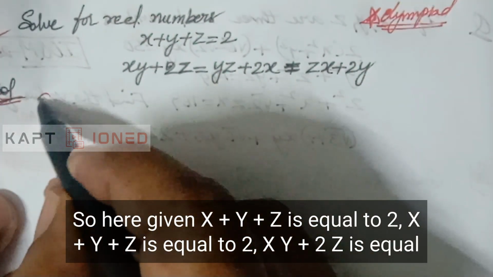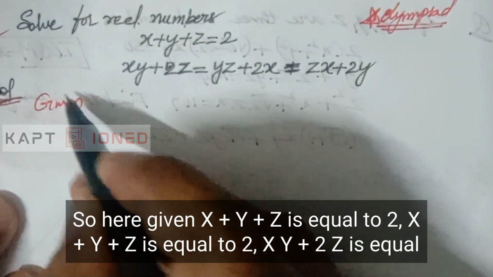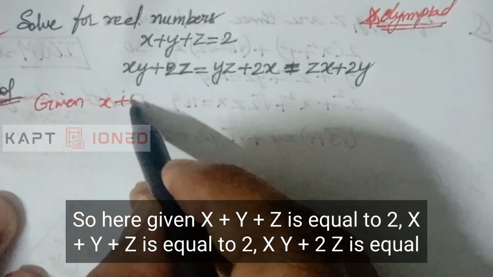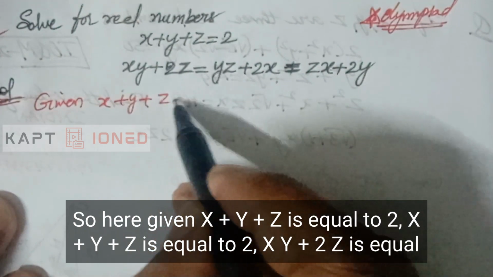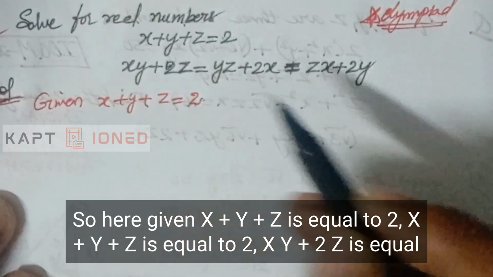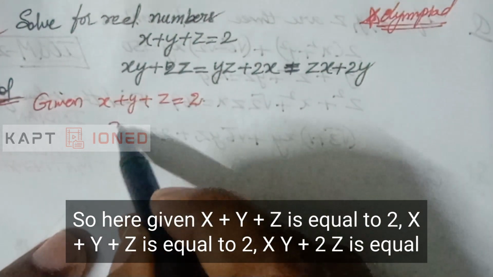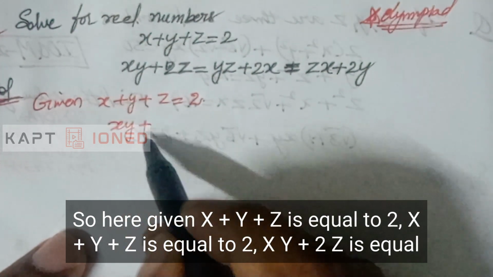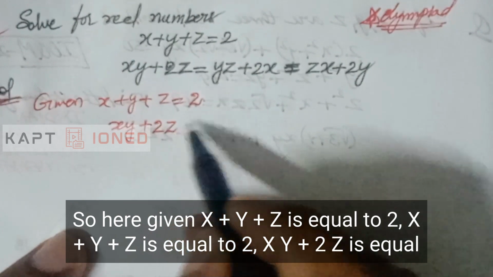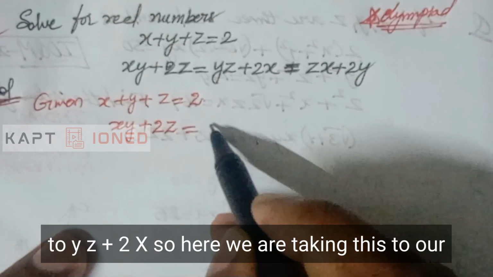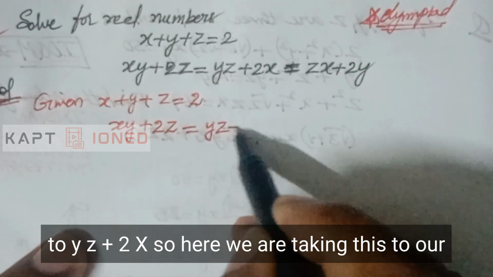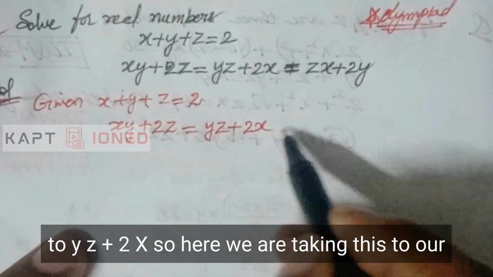So here given x plus y plus z is equal to 2. xy plus 2z is equal to yz plus 2x.